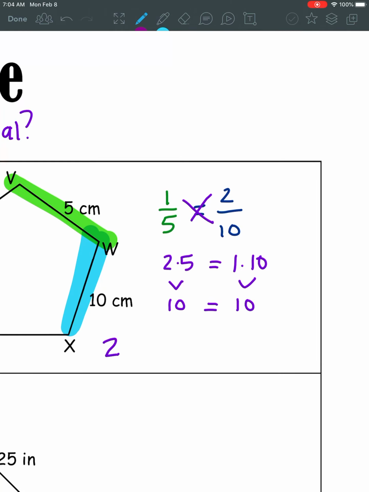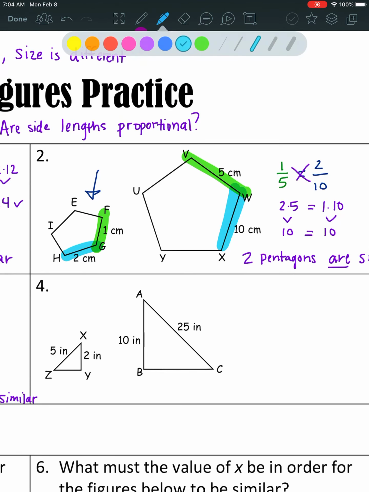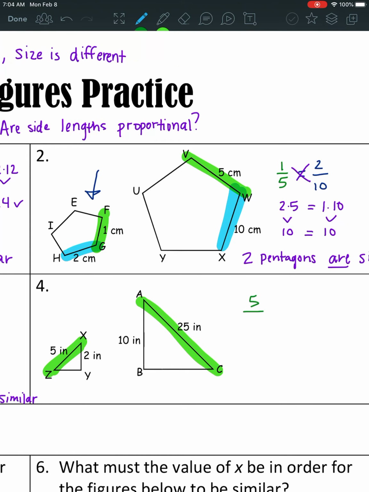So these two, they are actually pentagons, are similar. And in class, we'll talk about how to actually write that they are similar. Now, be careful here. We want to make sure our side lengths match up. So the 5 actually matches to the 25. Notice sometimes shapes turn and they aren't always sitting perfectly next to each other. 2 matches up to 10.